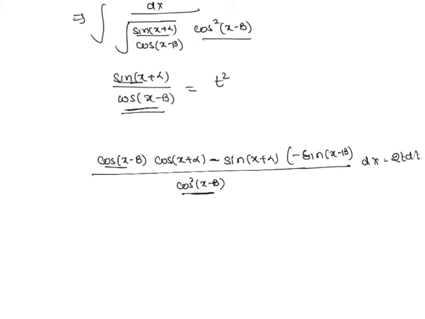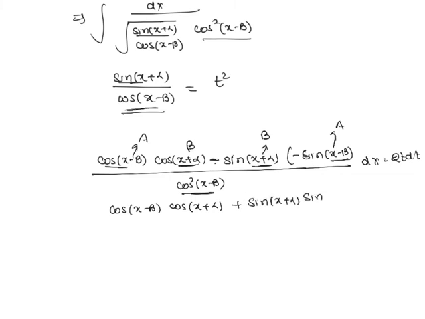The right hand side is 2t dt. Now this is a, this is b, this is a, this is b. Correct? And the sign will be minus minus, which comes plus. So this is cos of x minus beta into cos of x plus alpha plus sine of x plus alpha into sine of x minus beta, divided by cos square of x minus beta, into dx equals 2t dt.